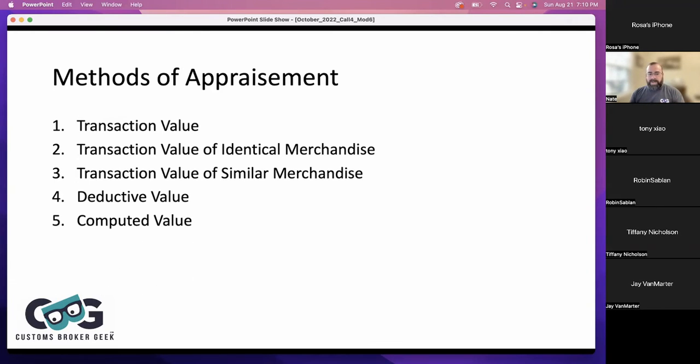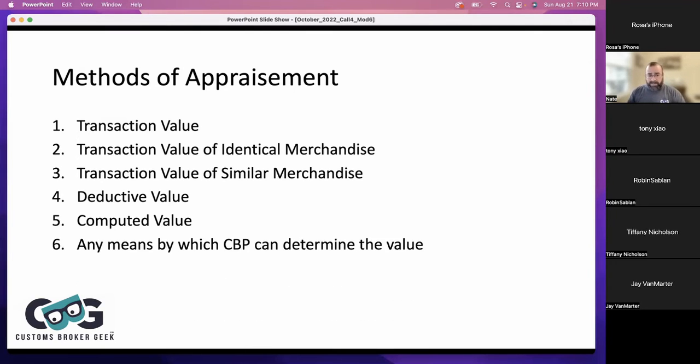And then computed value: if you can't use deductive value, you'd move on to computed value. Computed value is where you start at the beginning. You start with raw materials, the manufacturing process, and you build up the value from there.